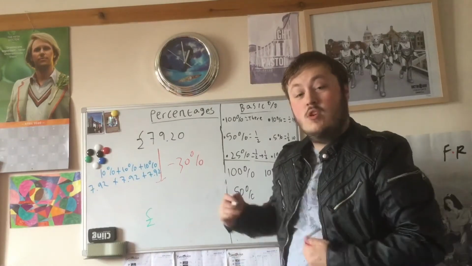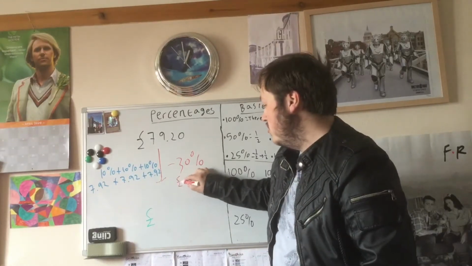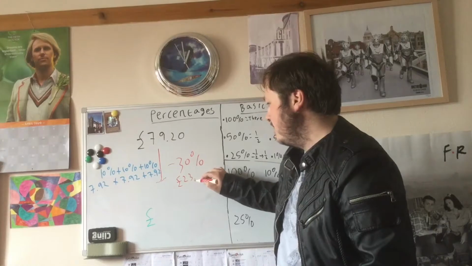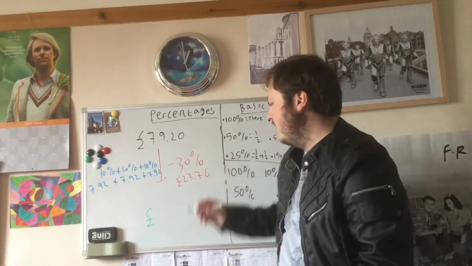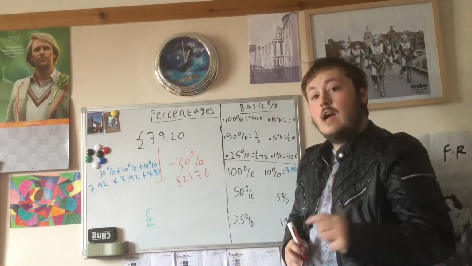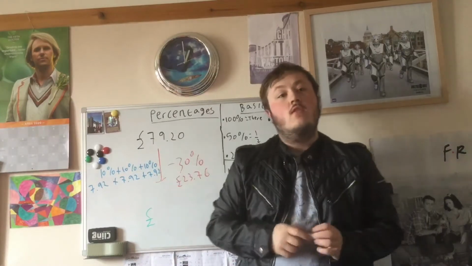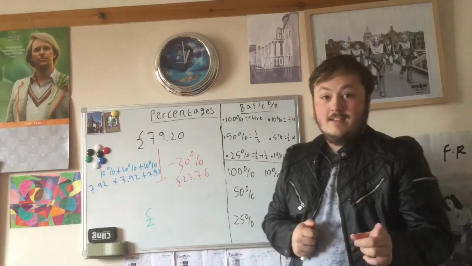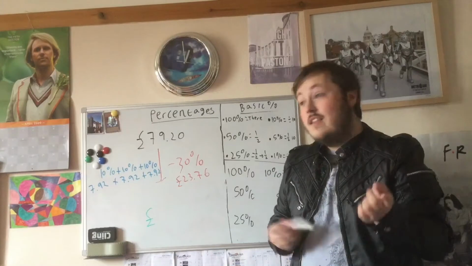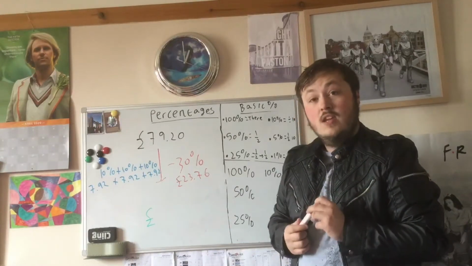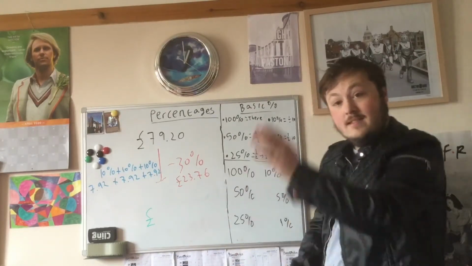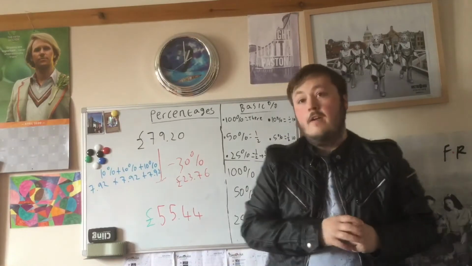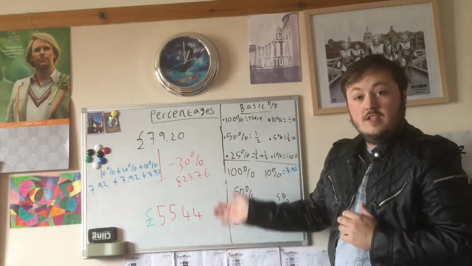Well, if you add them all correctly, you would have gotten £23.76. So now we've got to take that away from £79.20. Now obviously I've done a lot of this, and this was a task I set you at home. So the answer to this simply is £55.44.